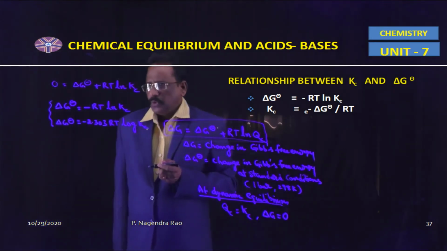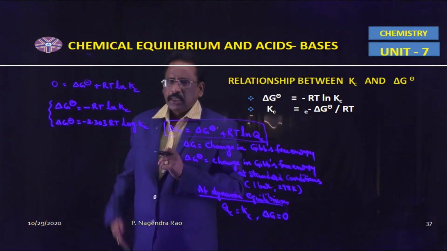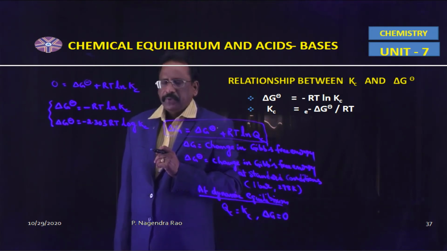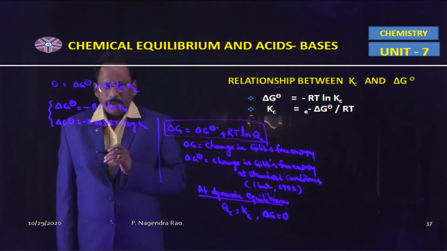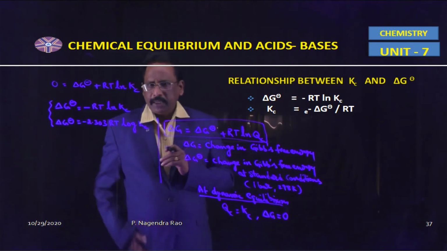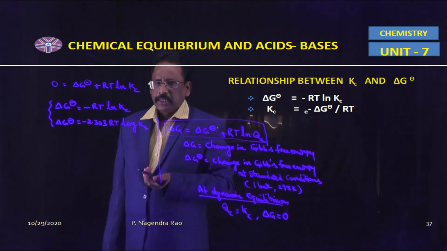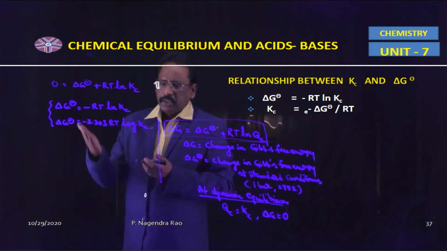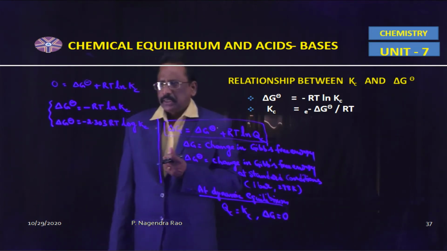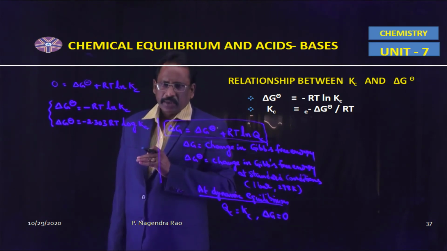So it is possible to calculate the Kc value if you know the change in Gibbs free energy at standard conditions and the temperature of the system. Or if you know the temperature and Kc, it is possible to calculate the change in Gibbs free energy at standard conditions.